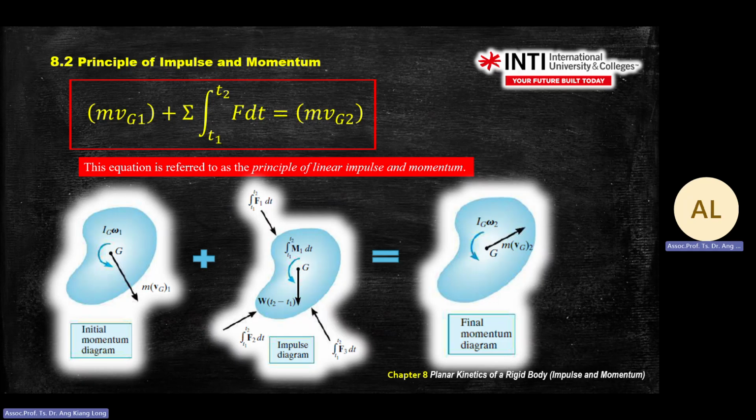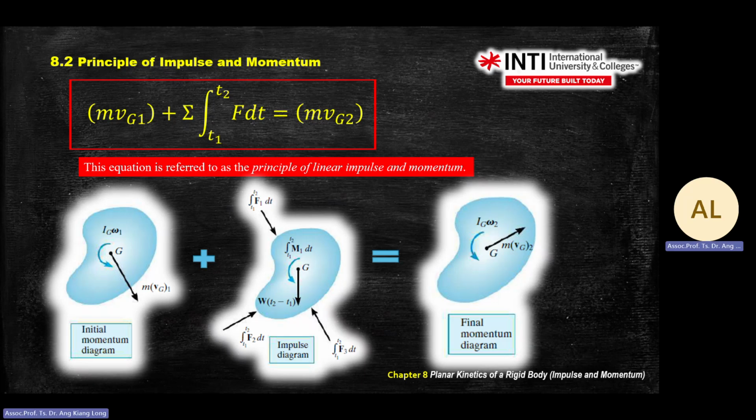Because it's at the center of mass. For the impulse, all the forces multiply time, plus the moment multiply time, are impulse. You need to identify all the forces on the body, especially W. W multiply time, external forces multiply time, and moment multiply time are all impulse.